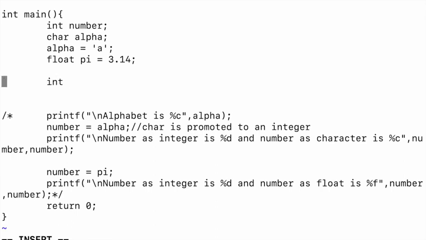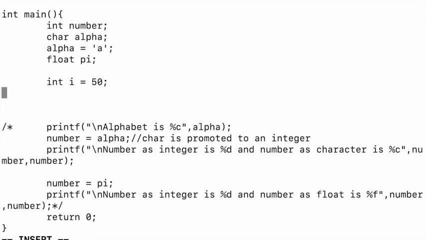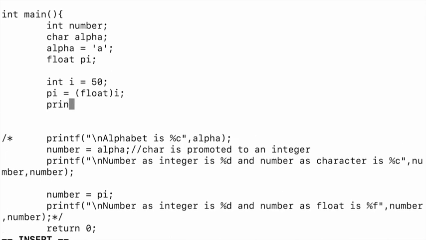I'll remove this floating point number from here and declare just float pi, and let me consider another integer, say integer I, which is equal to say 50, and then I'll explicitly typecast the value of I into the floating point variable pi. So what I'll write here is pi equals float of I, and then let me display pi.